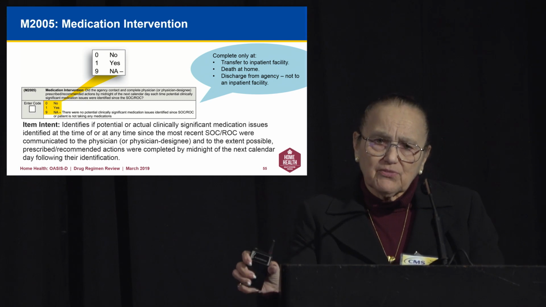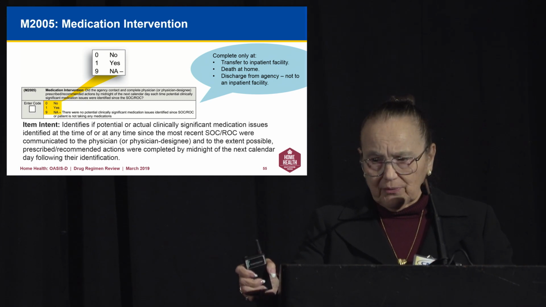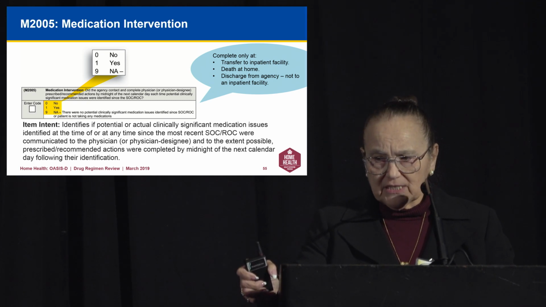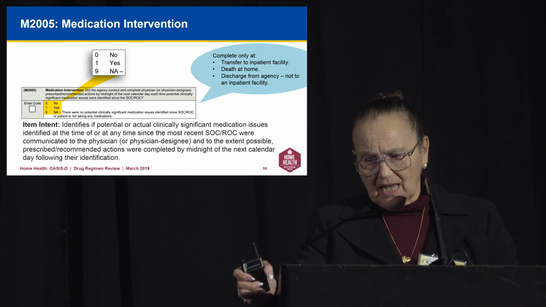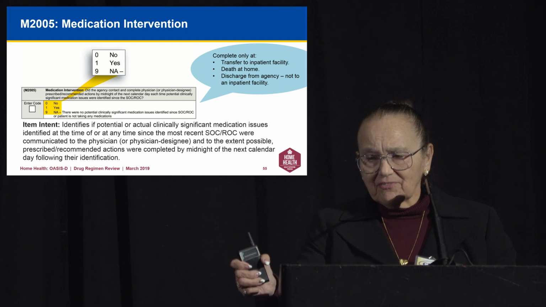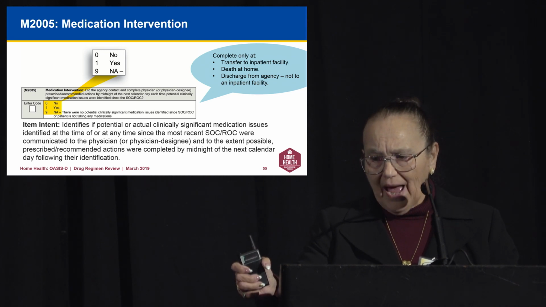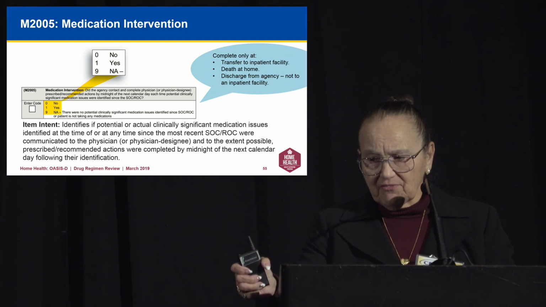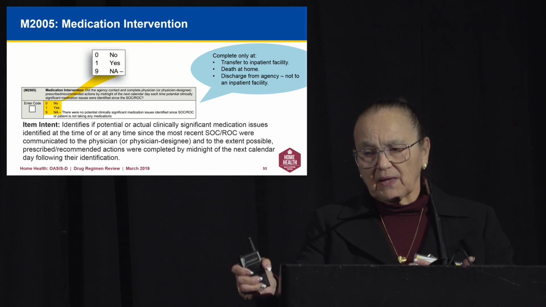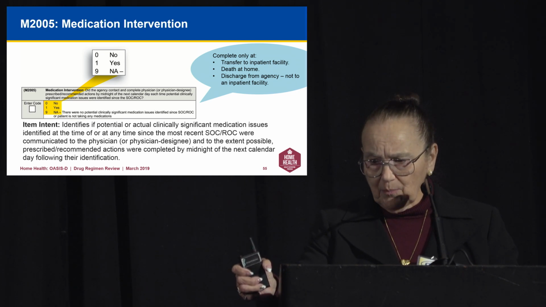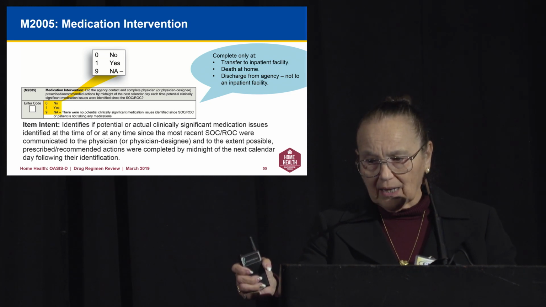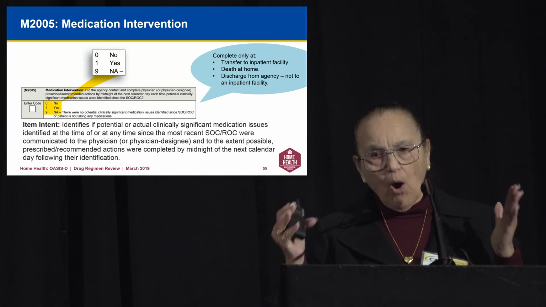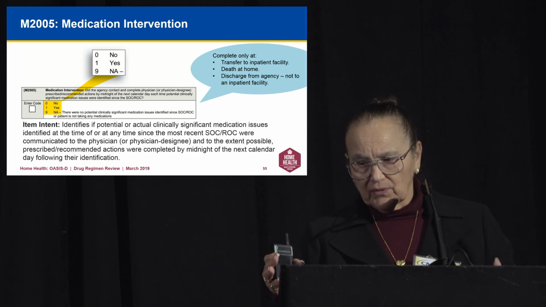That brings us to the third question in drug regimen review, 2005, medication intervention. The intent of this item is to identify if a potential or actual clinically significant medication issue was identified at the time or any time since the most recent SOC/ROC. So we are looking at the whole episode here.